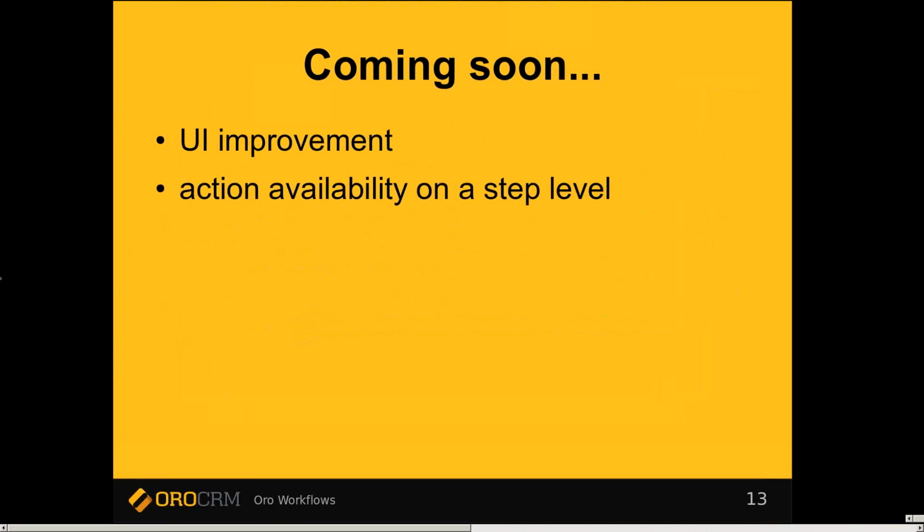For example, it might be very useful if you have a similar transition and action, and you want to hide the action if you already have this transition. For example, we have the transition send email or local, and this transition basically duplicates actions, and we can hide such actions. Basically, that's it.